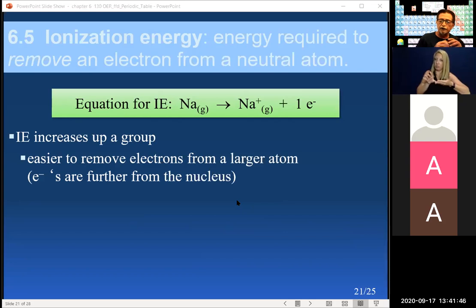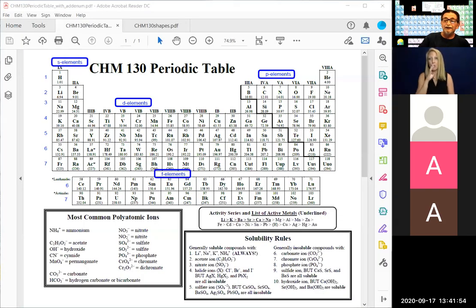If we look at the periodic table, let me pull up the periodic table again. That's why I said I referred to it quite a bit. Let's compare lithium with one valence electron with cesium with one valence electron, okay?